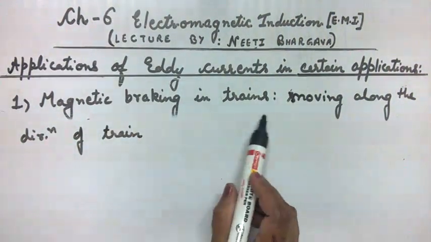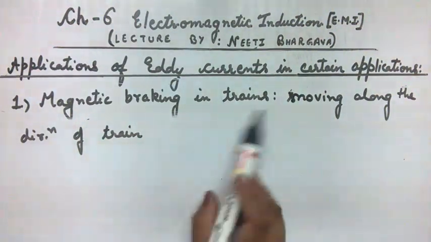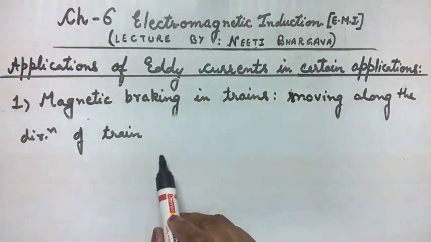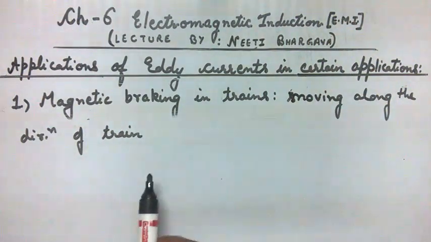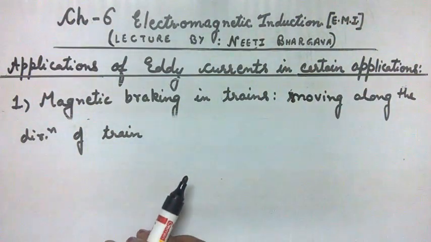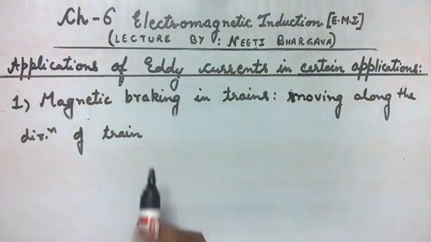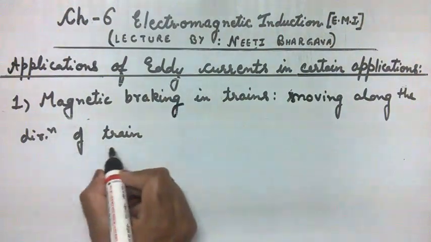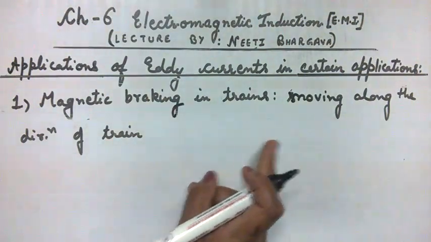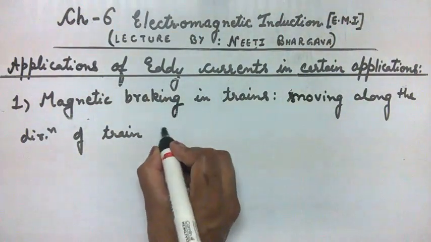And as the magnetic field lines are changing due to the motion of the electromagnet, there is a great change in magnetic flux, as we are using a very high strength of magnetic field with the help of electromagnets moving along the direction of the train.